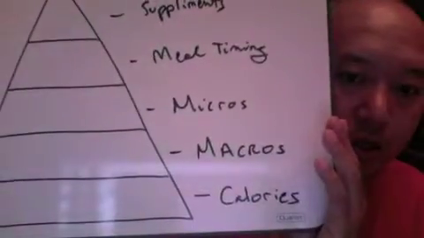The next step is, once you establish what your caloric deficit should be, you want to focus on your macros. So what are macros? Macros are your proteins, fats, and carbs, and they need to be done in that order.